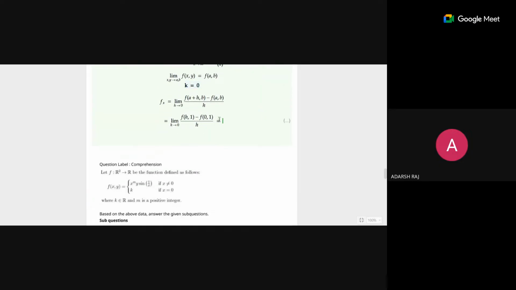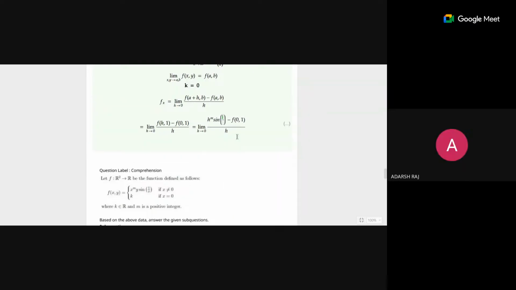So we can write this. If you put f of h, 1, what we get? h to the power m times sine of 1 by h.